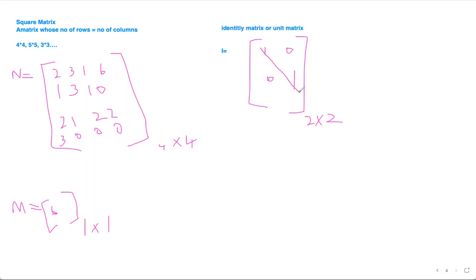Class? I'll explain it. Wait, give me a second. अभी इसमें diagonal elements 1 रहते हैं and all the non-diagonal elements are 0. Are you following? Yes, ma'am.